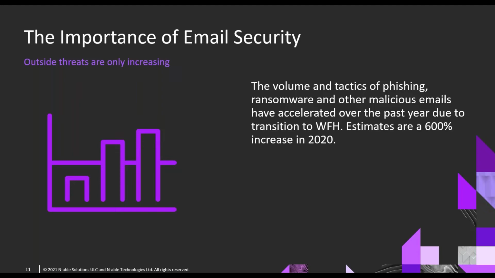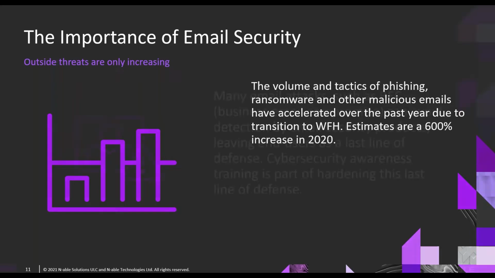The outside threats looking for ways into your environments are only going to get worse and more sophisticated. You can't rely on the default inbuilt security that may be in certain email hosting solutions, and we'll go into that a little deeper towards the end of the session.